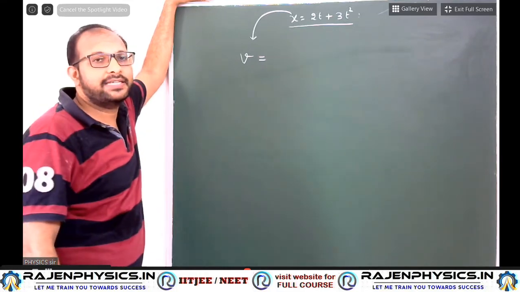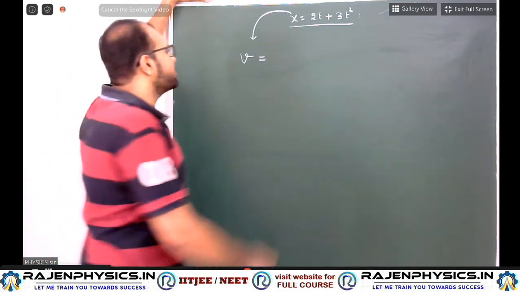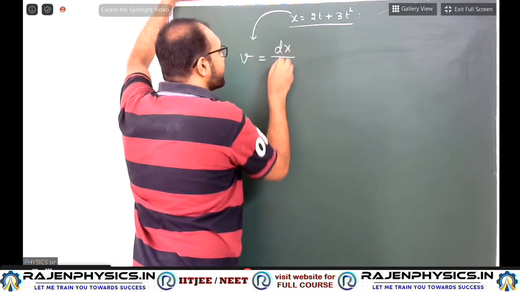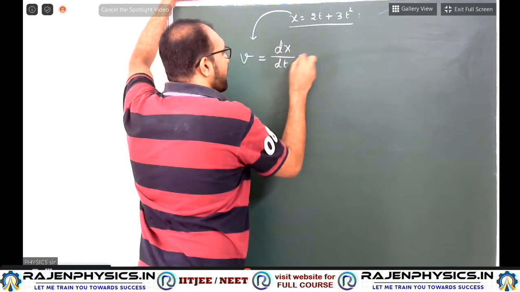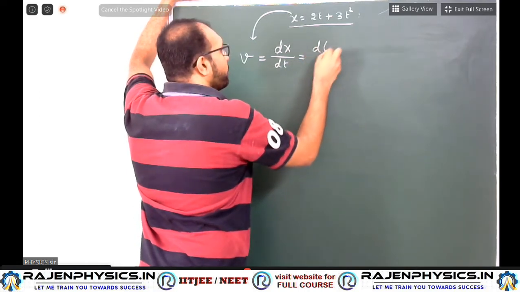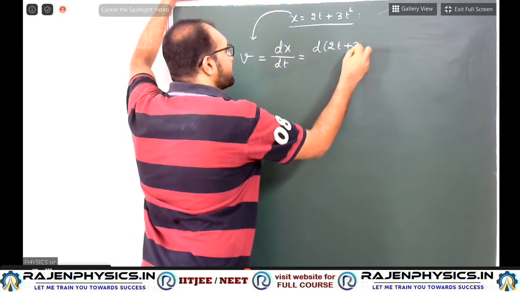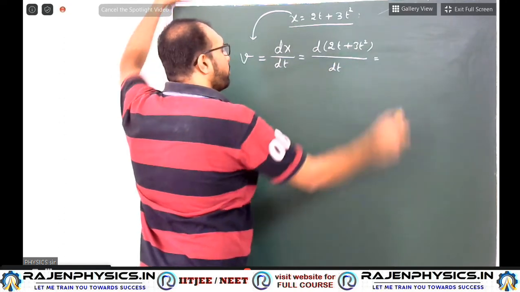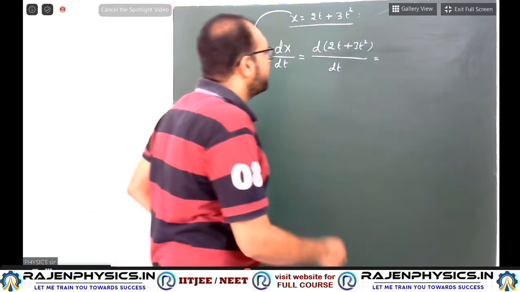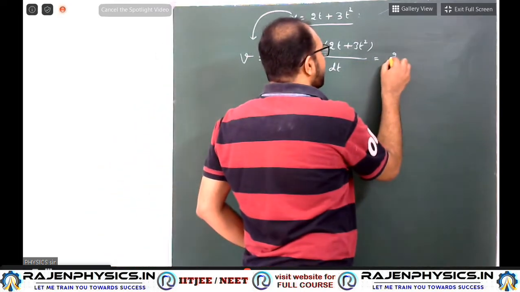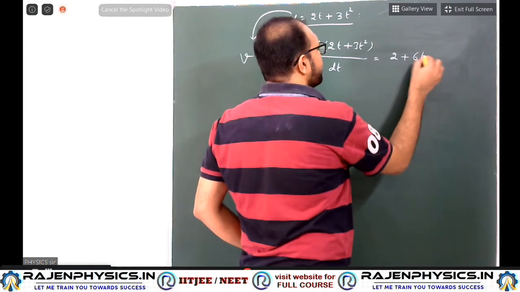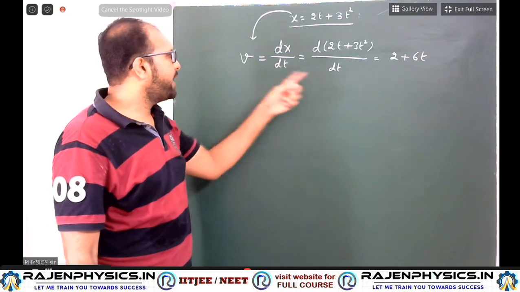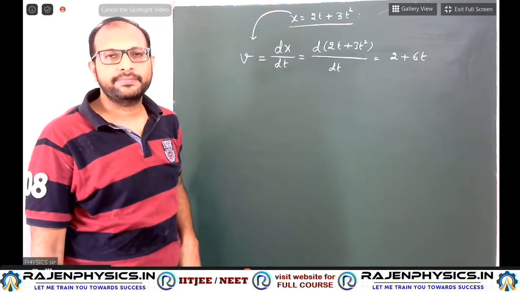So instantaneous velocity v equals dx by dt, the derivative of 2t plus 3t square with respect to time. I hope all students remember differentiation. So the final answer is 2 plus 6t. So instantaneous velocity v equals 2 plus 6t.